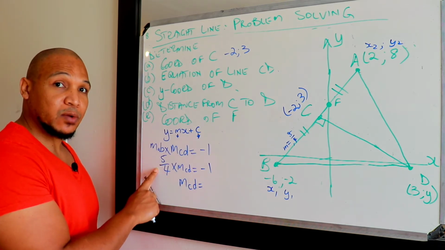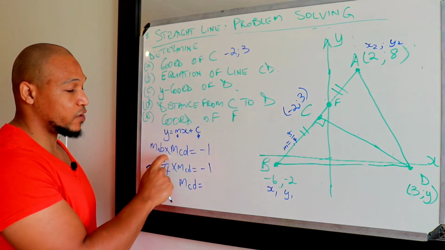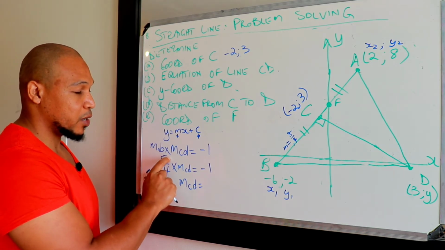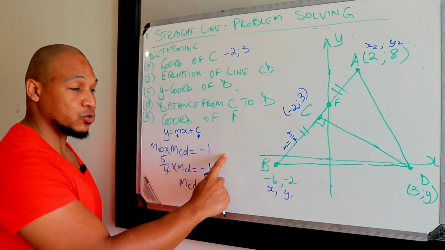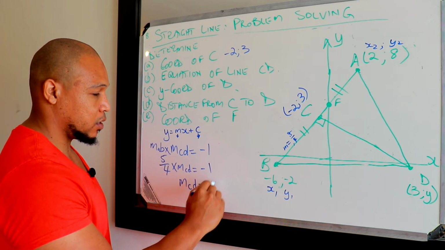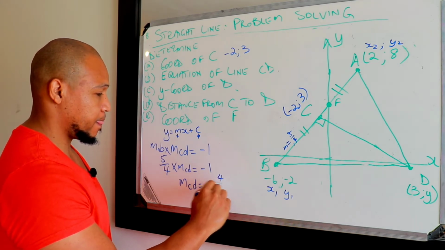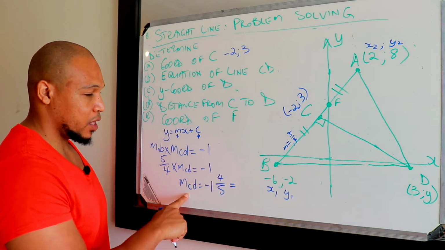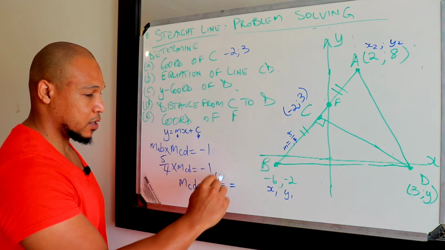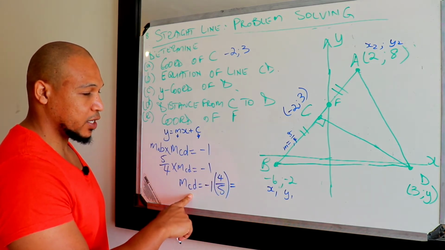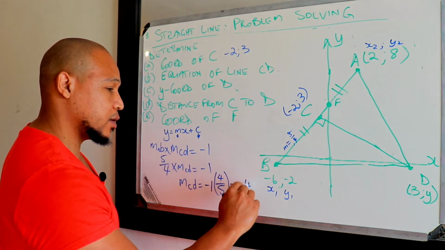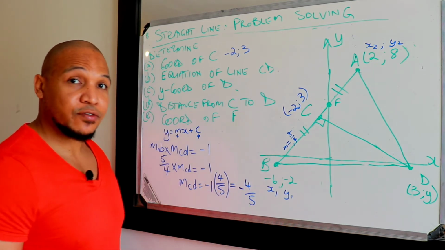I need to multiply with 4 over 5 to get rid of this 4 over 5 here. When I multiply with 4 over 5 on this side, I need to do it on the other side as well. And that means that my gradient for CD is negative 4 over 5.